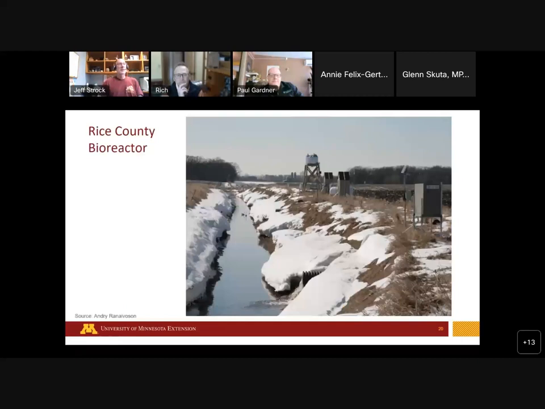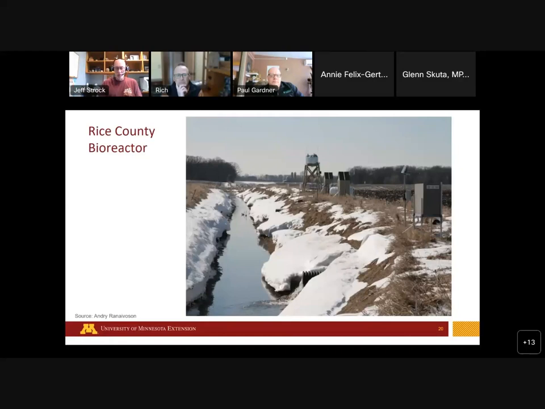This is a site in Rice County, a bioreactor that I'm going to show a little bit of data from, and my colleague Andre Ranavasan shared with me some of this data. One of the things I initially want to point out is that the data we're showing is from a cooler part of the year, toward the end of September through the end of October. What you're looking at in these filled-in triangles is the inlet concentration of the water coming in, in milligrams per liter.